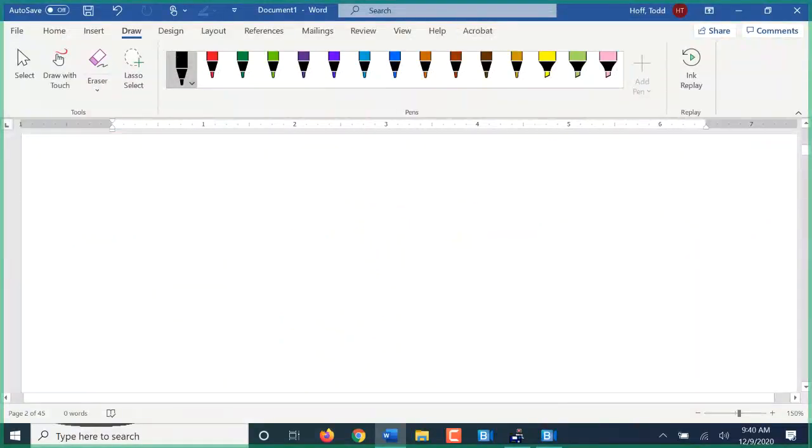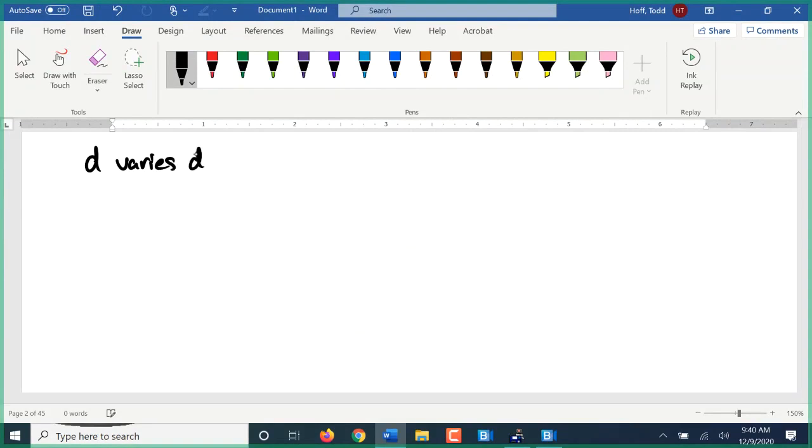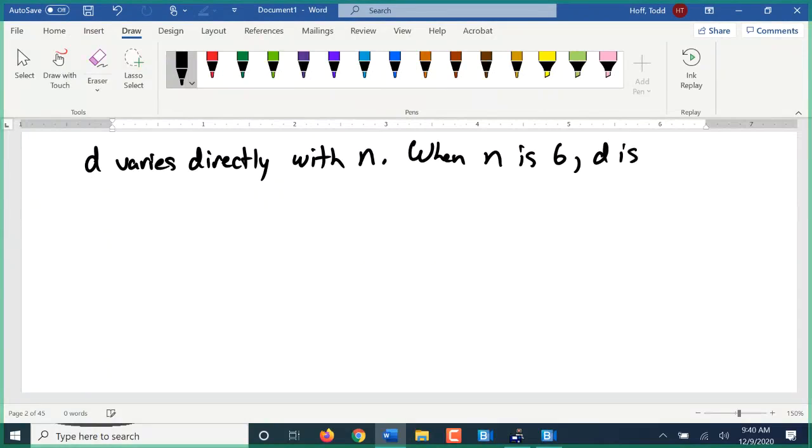We might have D varies directly with N. When N is 6, D is 42.